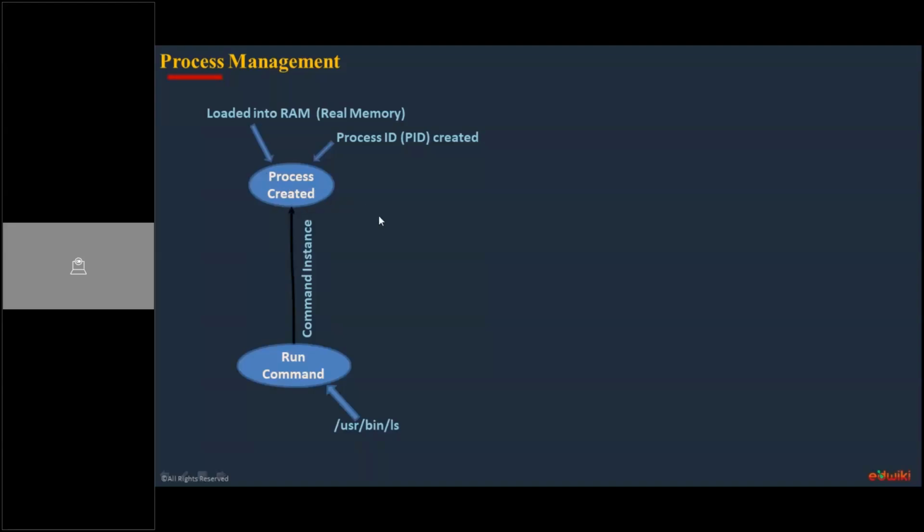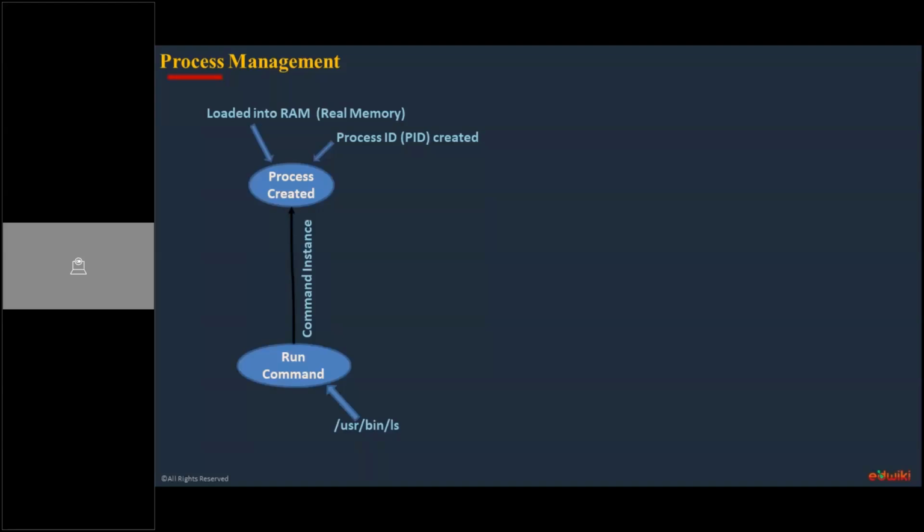When you run the ls command, the ls process is created. Whenever you run a touch command, the touch process is created. Is it the right statement? Yes. The terminology process created means your command is actually loaded into the memory because that has to execute now, because you asked the system to execute it.